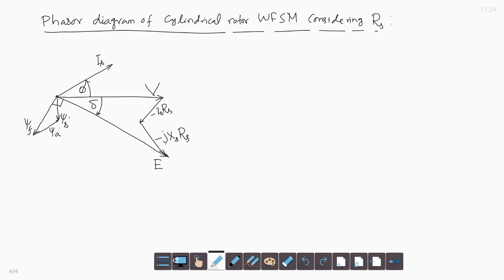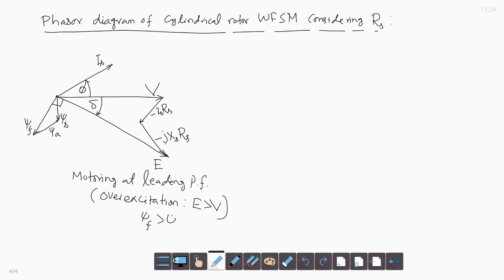So, this is for the motor at leading power factor. Leading power factor means it is the over excitation case. Because of over excitation, induced EMF E is greater than V, or you can say psi f is greater than psi s.